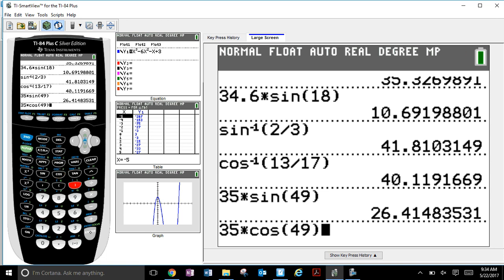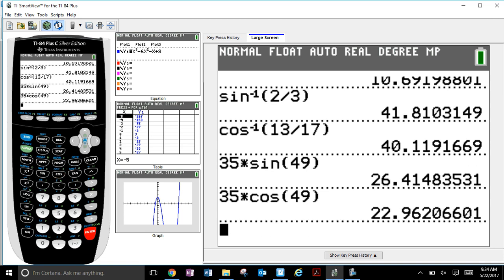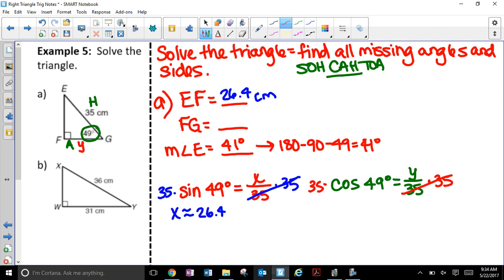So that's about 22.96. The 6 would actually bump that 9 up, so it's actually 23. So then y is approximately 23.0 centimeters. Okay, now we've found everything that we needed.